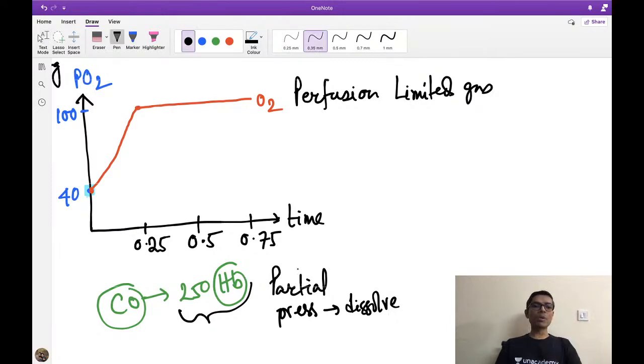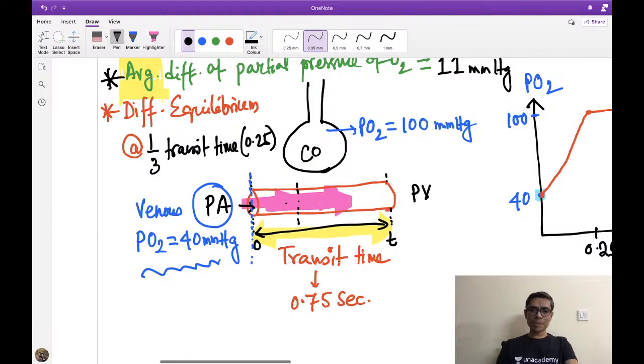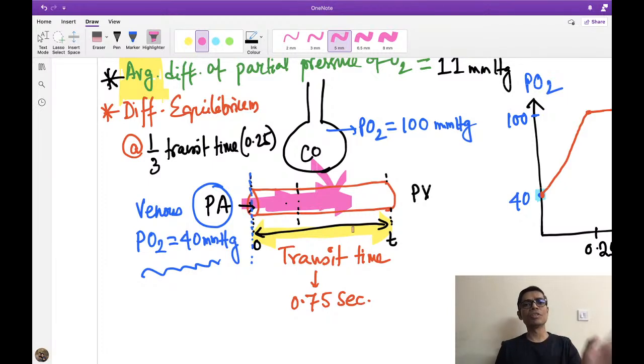But if carbon monoxide is present in the alveoli and is transported to the capillary, what will happen to the partial pressure of carbon monoxide in this capillary blood? Near equal to 0, because all the carbon monoxide is going to be combined with the hemoglobin.